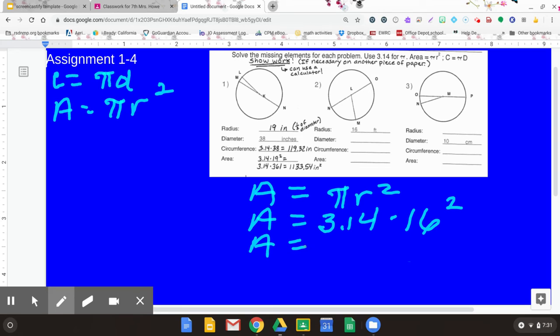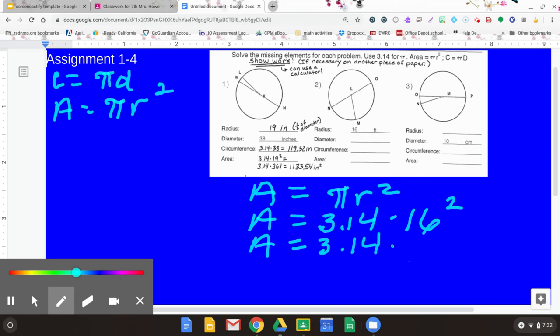So 16 times 16, or 16 squared, equals 256.